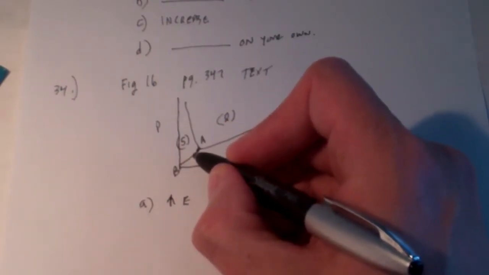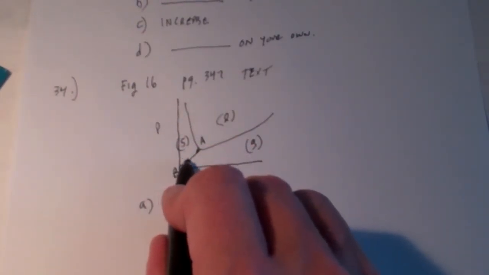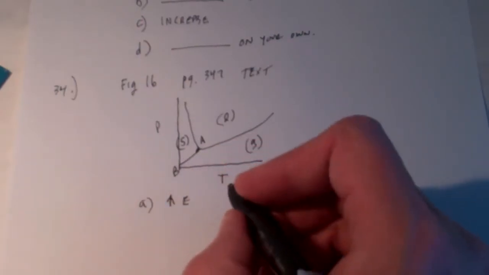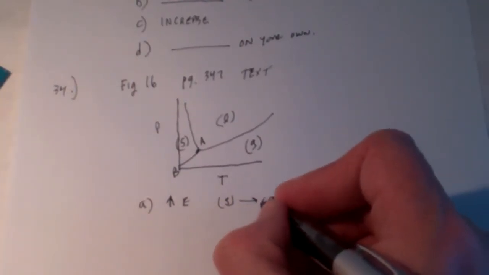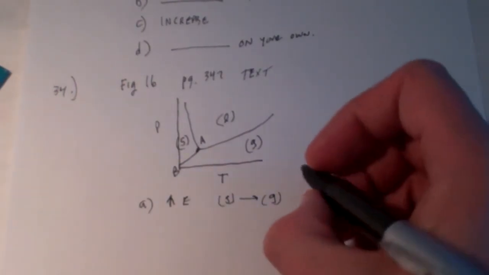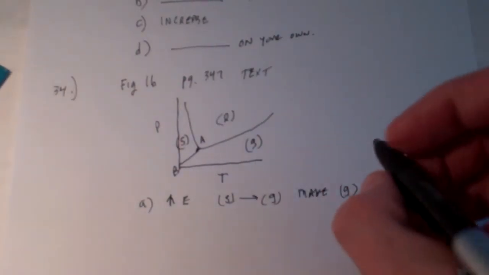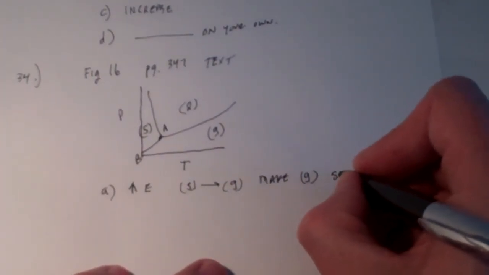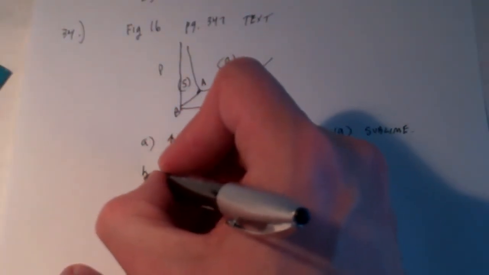So if I'm along this line and I add temperature, won't I go from solid to vapor or solid to gas? Remember, temperature is increasing. So I will go from solid to gas. Okay? So what effect would each of the following changes have on the sample? I would make gas, right? We're going from a solid to a vapor directly. What do we call that? Sublime or sublimate.